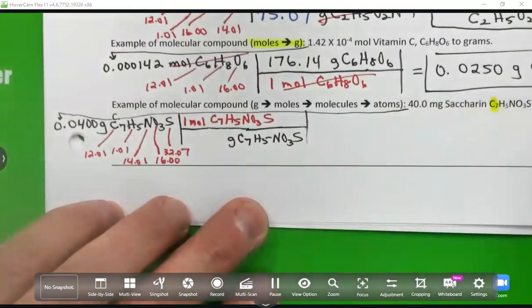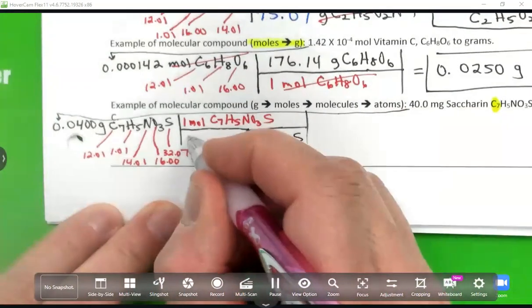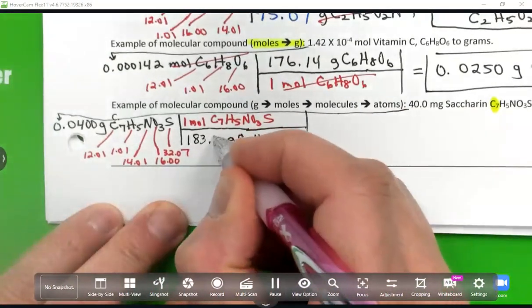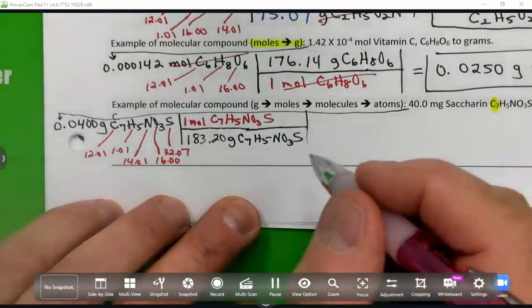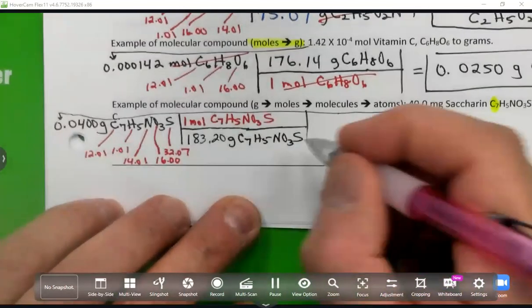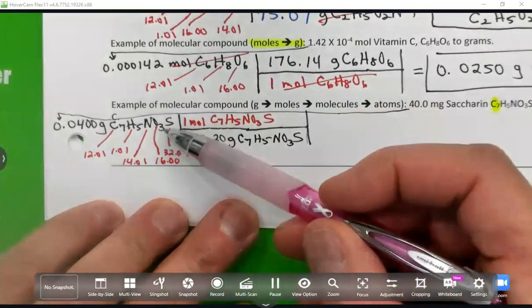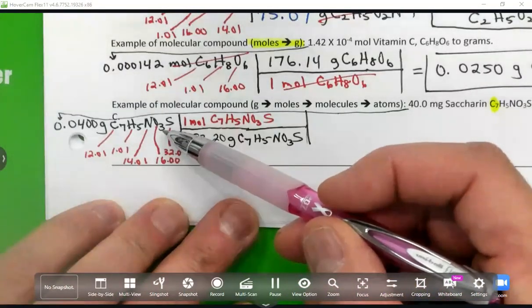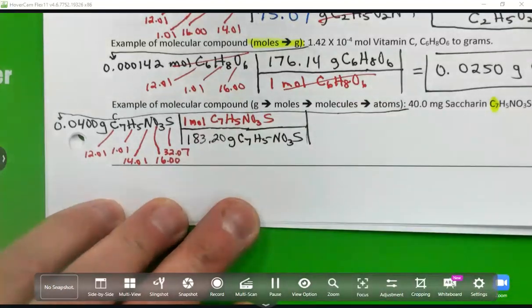So C7H5NO3S gets us 183.20 grams. Just O times 3. There's only 1 nitrogen.